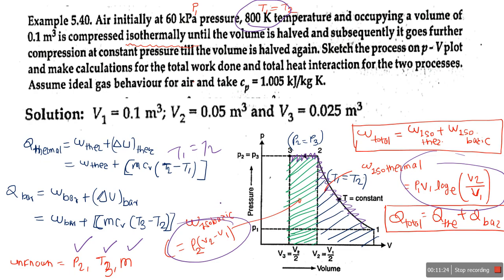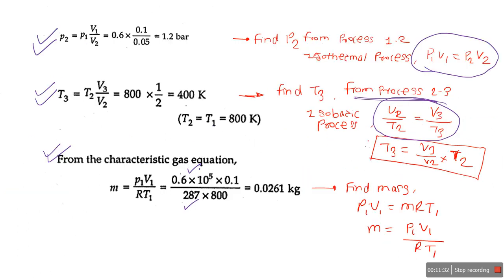First check whether they have given R or not. They use the words ideal gas as air, so we remember for air the value of R is 287. There is no need to calculate it, for air it is the standard value. We can directly put it in and find the mass. Then it is a very simple numerical now.